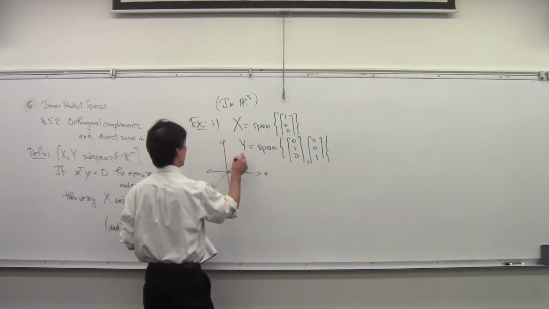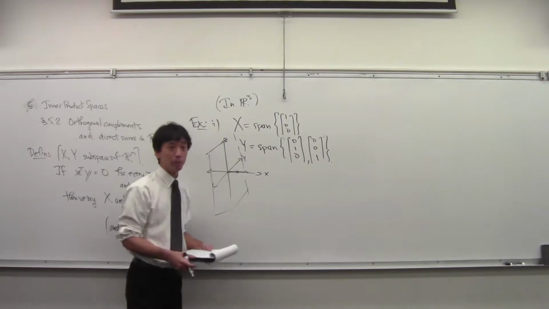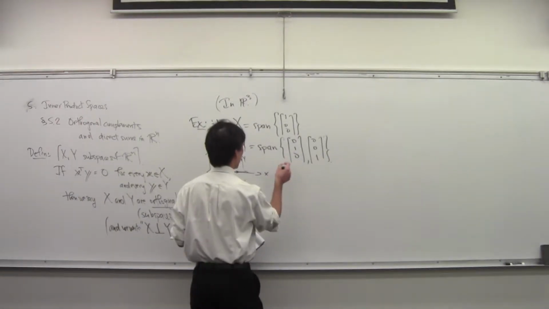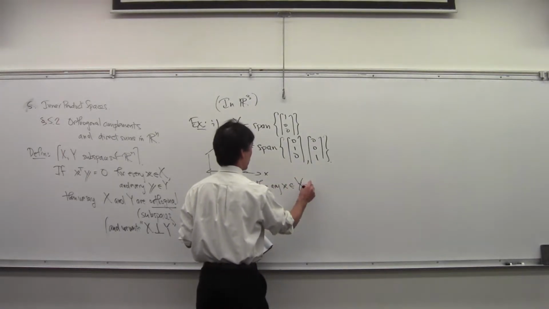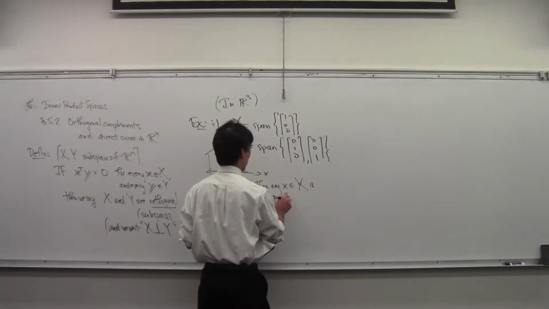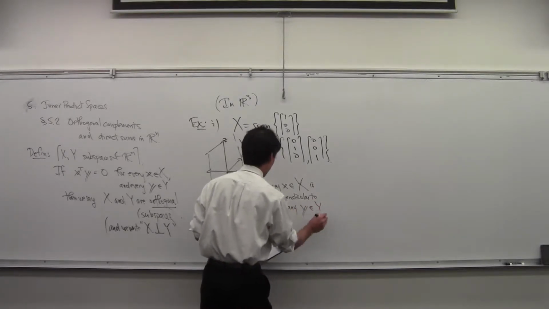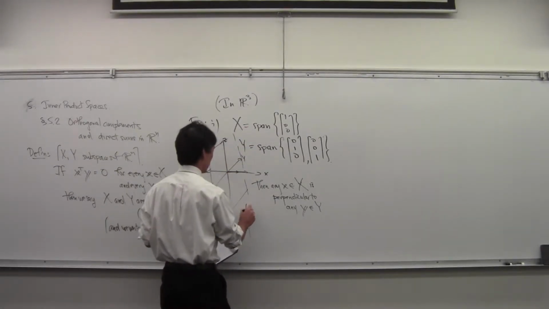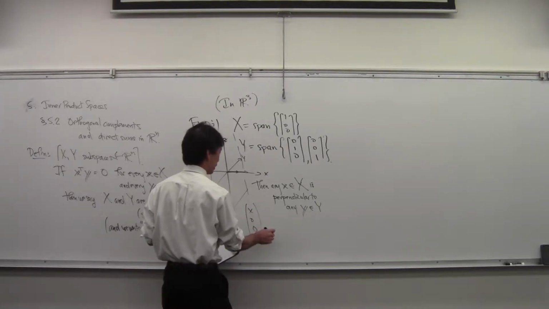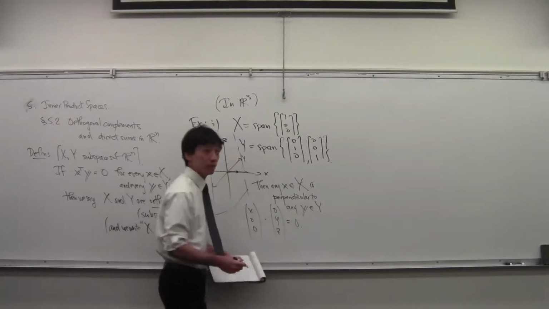Anybody in X is going to be perpendicular to anybody in Y, because anybody in X looks like (x, 0, 0) and anybody in Y looks like (0, y, z). When you dot them together, you get 0.